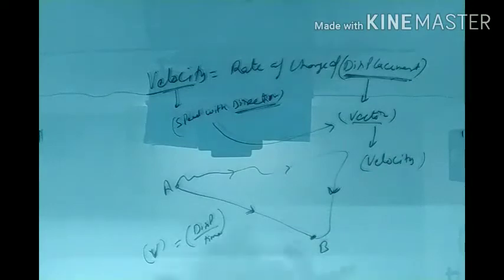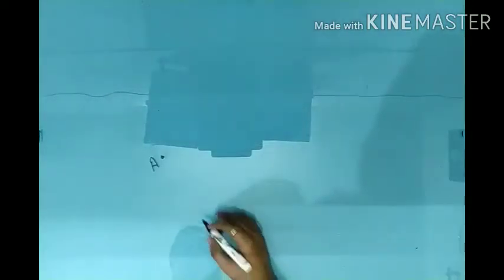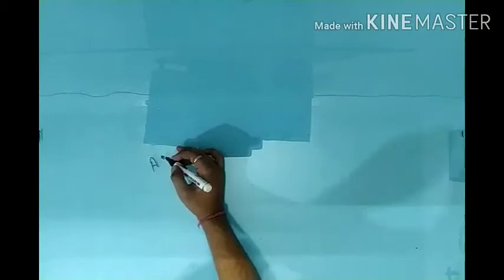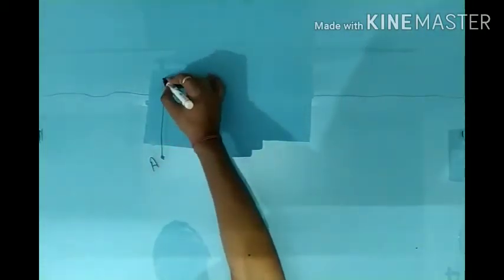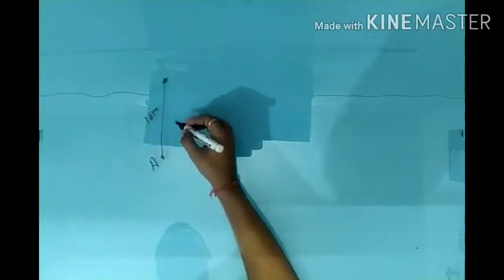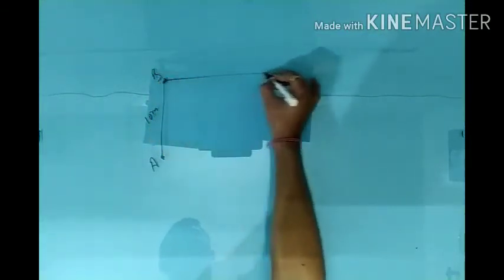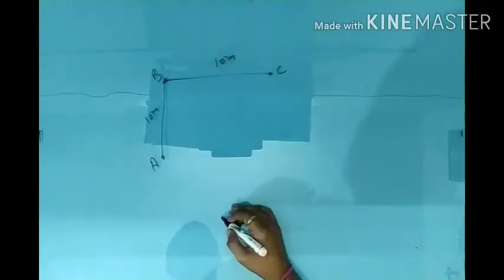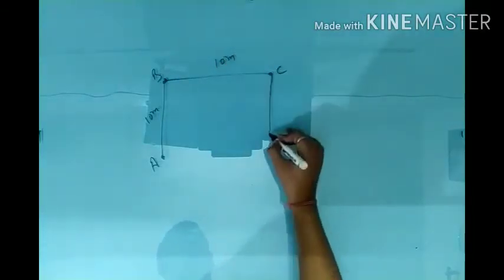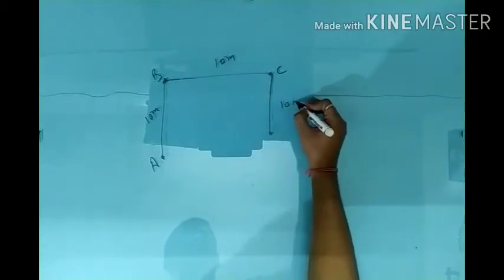Now let's take an example of velocity. Suppose a person is at point A. Now he is moving from A to B. It is 10 meter, again from B to C it is 10 meter, and from C to D it is 10 meter.